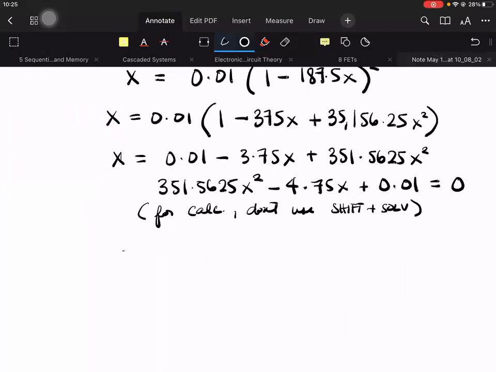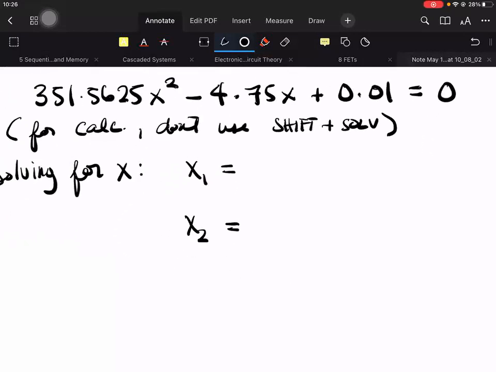So solving for x, I'll probably use the equation mode on the calculator. So mode 5, then quadratic, so 3. I'll type in the coefficients: 351.5625, negative 4.75, and 0.01.